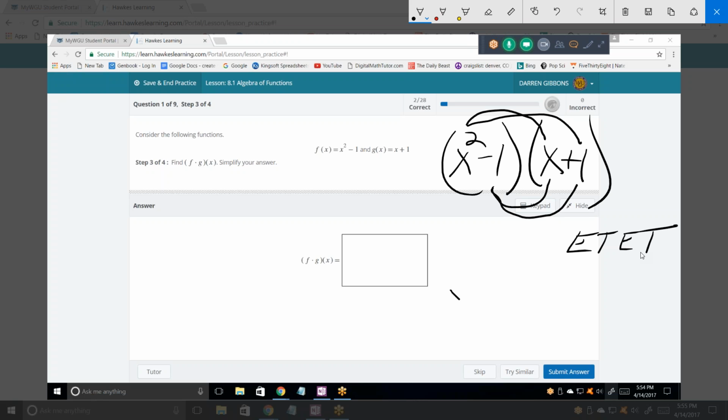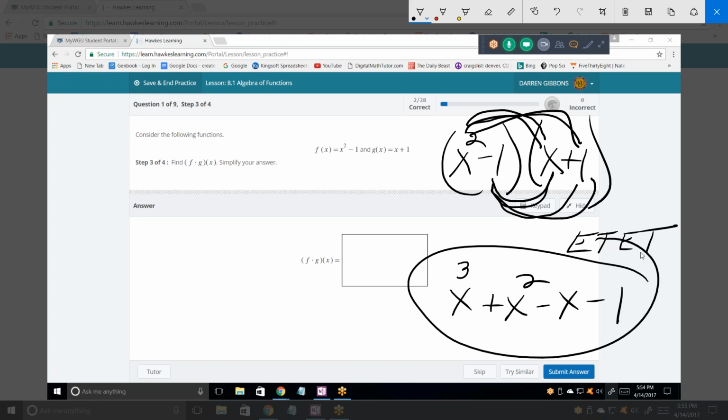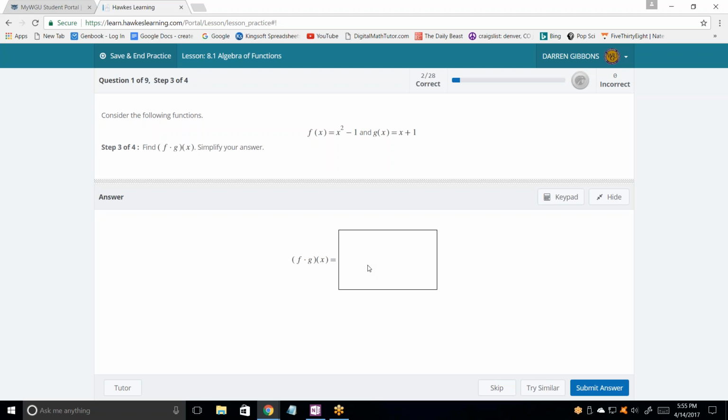I would get x cubed as this one, plus x squared as the second one, minus x as this one, minus 1 as the last one. So there's our answer: x cubed plus x squared minus x minus 1.